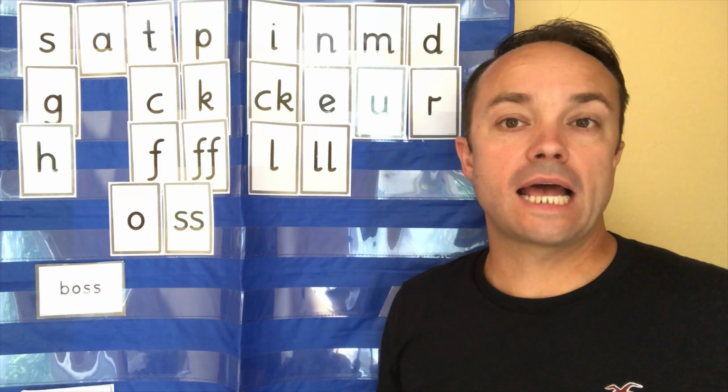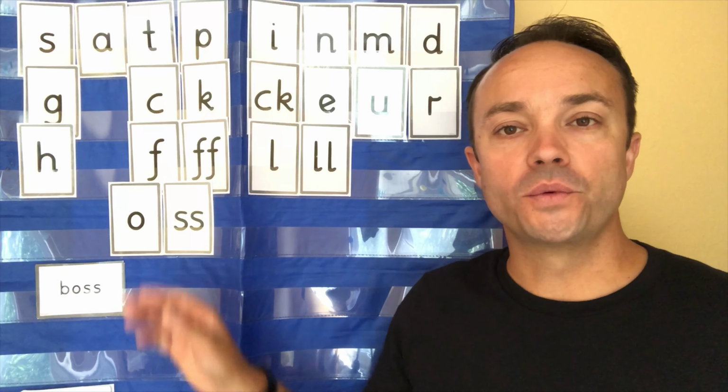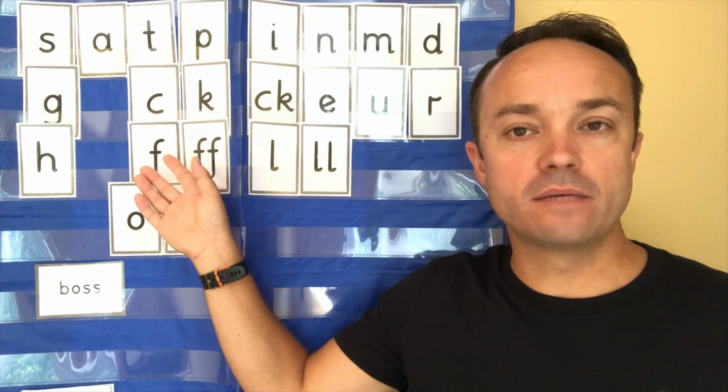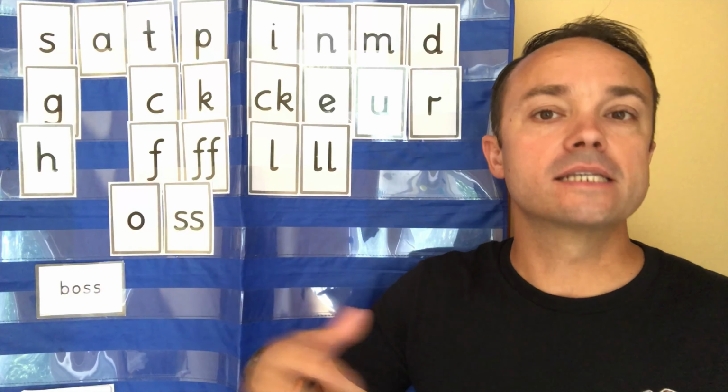The boss was happy, for example. Something very simple, just to get children talking, using the word. So we're teaching sounds, we're teaching phonemes, then we're using those to build words, and then we're using words to build sentences. Use as many sentences, questions, yes, no answers as you can. Even funny, silly sentences. The sillier the better, sometimes.